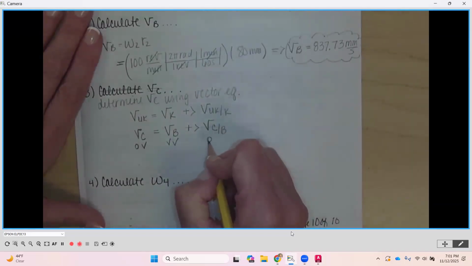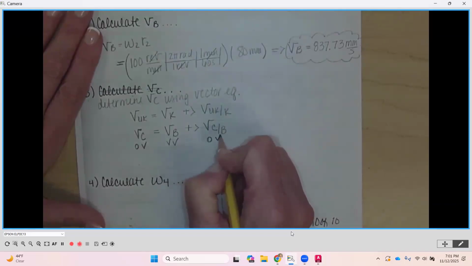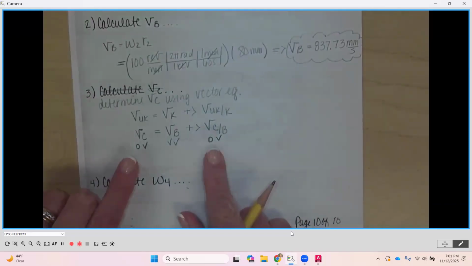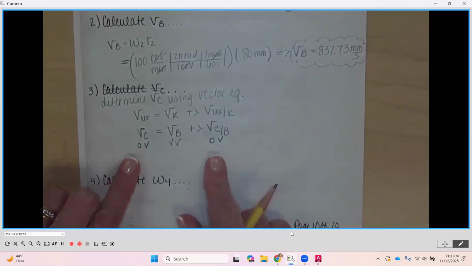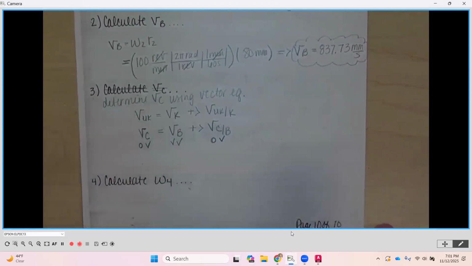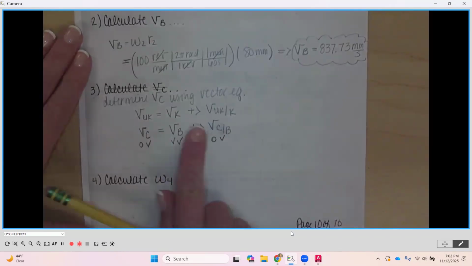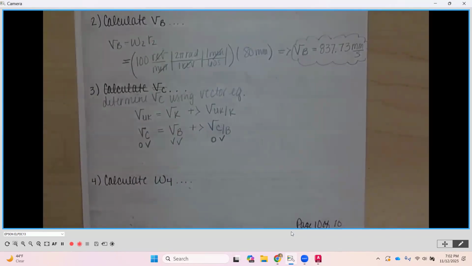So here again, a circle for the magnitude and a check mark for direction. We have 2 unknowns in this vector equation, and they are separated, one on either side of the equal sign. So you'll notice we don't have to do any rearranging.